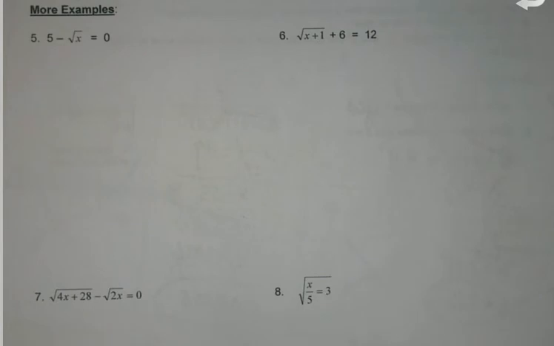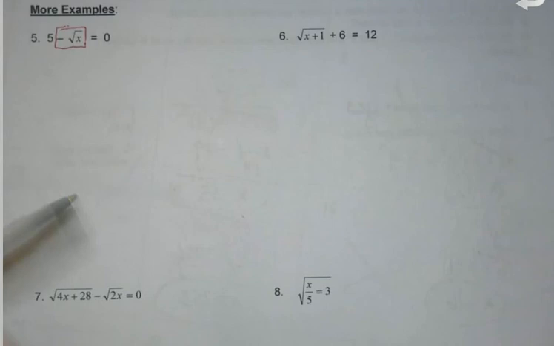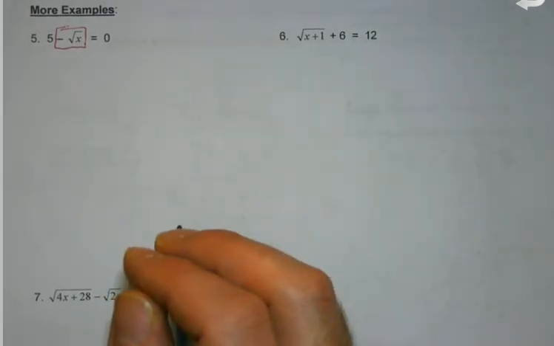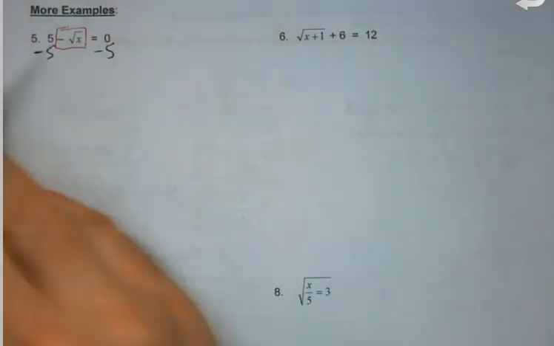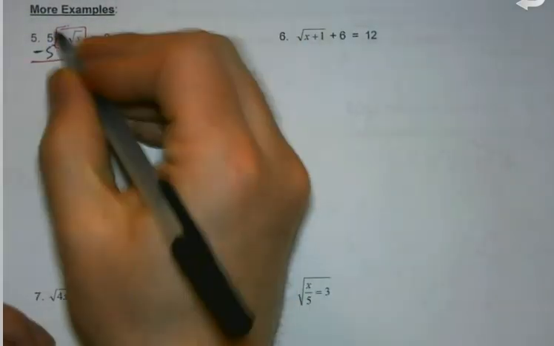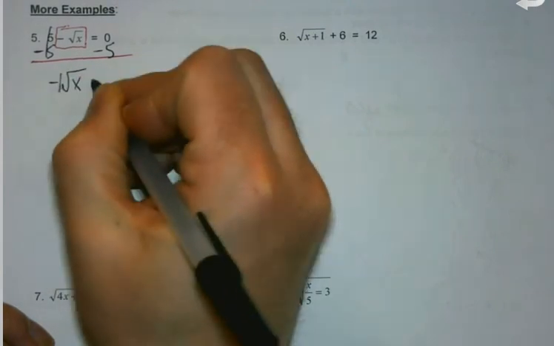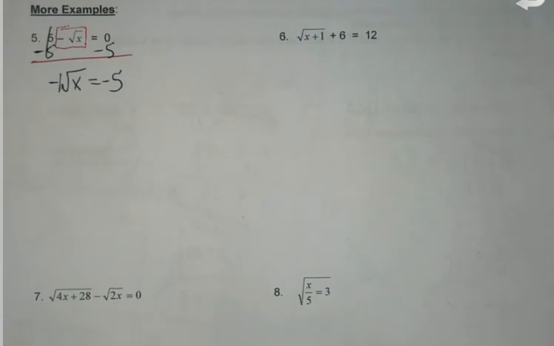So on 5, I see my radical's not alone. What do I got to do first on number 5? How do I get that 5 out of there? Minus, okay. Notice on here, I'm not just down to the square root of x yet.